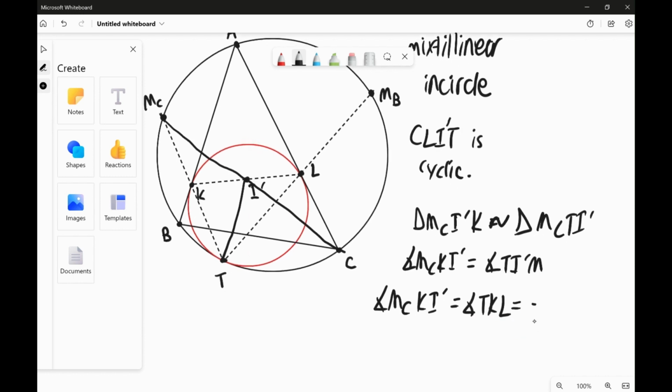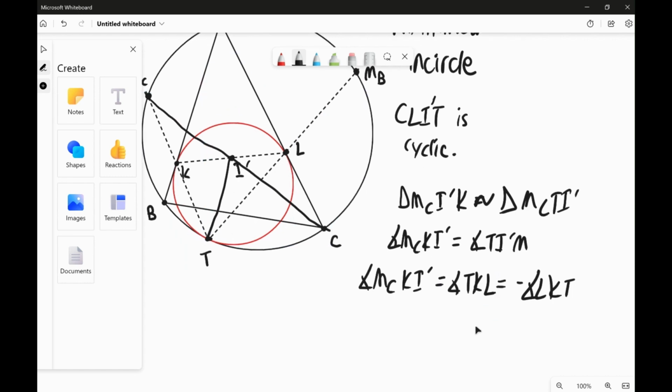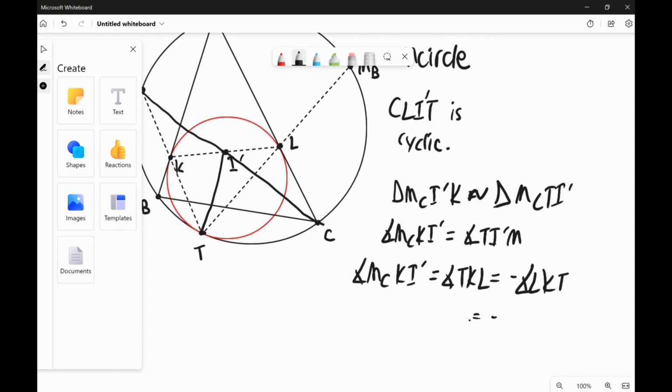And this is equal to negative directed angle LKT. You'll see where this is going in just a bit, because this is also equal to directed angle CLT, so negative directed angle CLT, which is directed angle TLC.